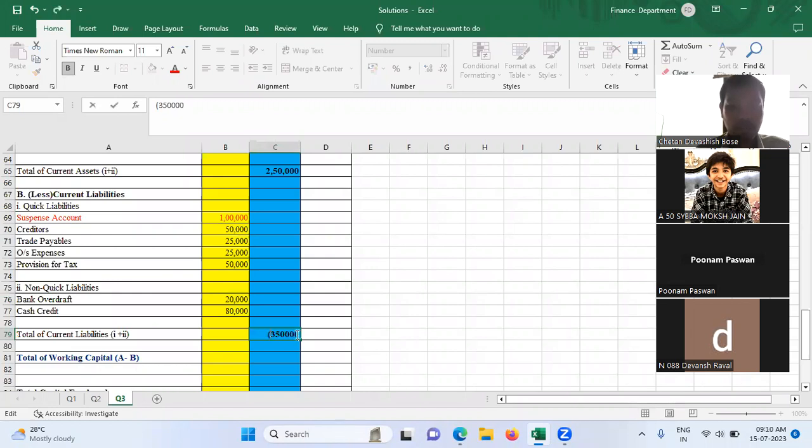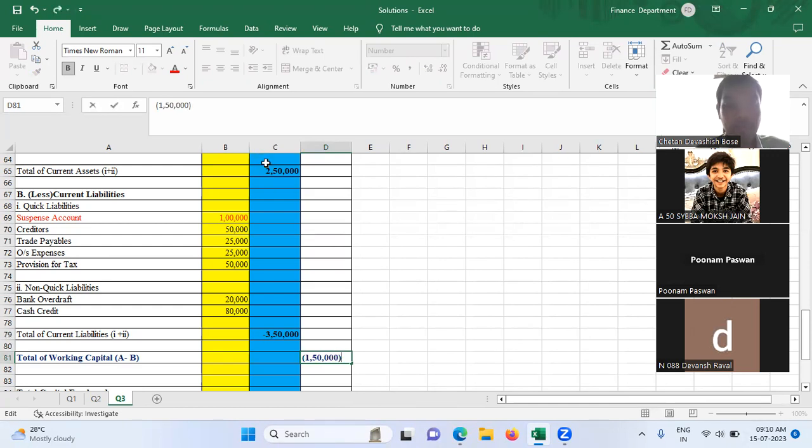What to do? We can't do anything if it is more. But now what we need to do? Current asset minus current liability. Use your calculator. When you will do current asset minus current liability, it will give you 1,00,000, but with a negative sign. Do you all agree with me?